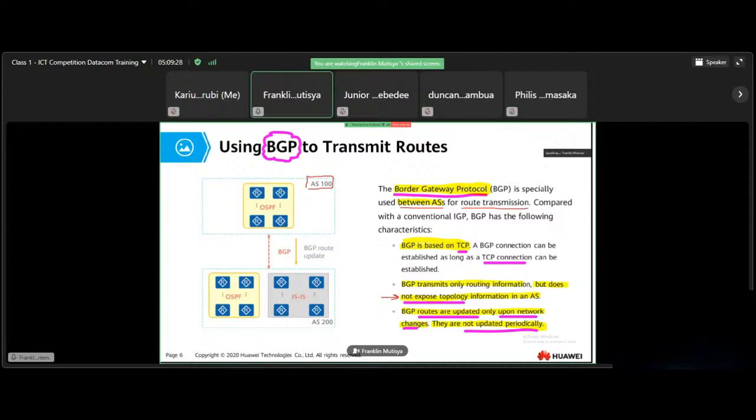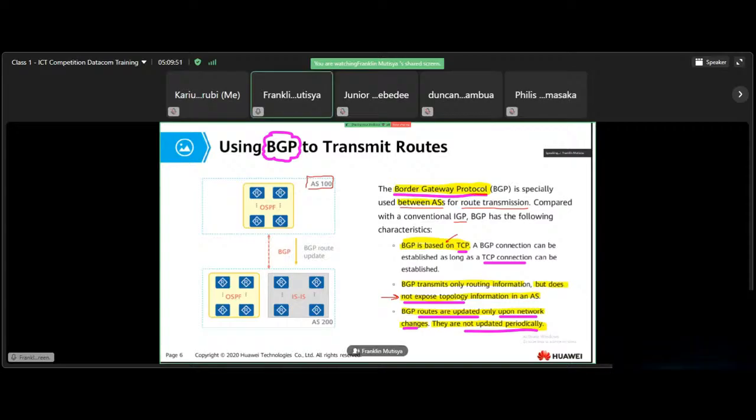Now, compared with other conventional IGPs, BGP has the following characteristics. One, it runs at the transport layer. These other protocols run at the network layer for OSPF, and network and data link for ISIS.